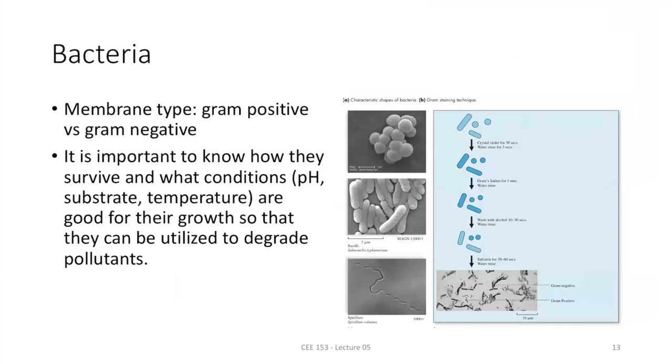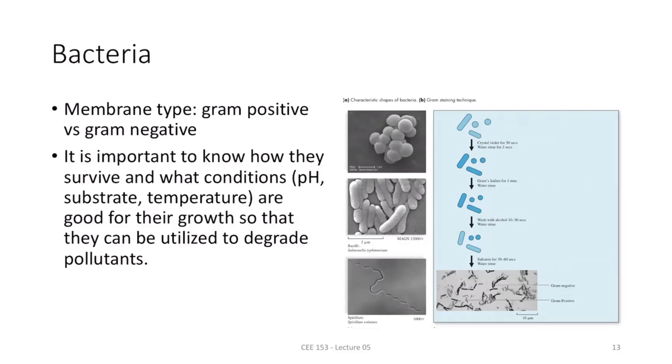Okay. So for bacteria, I just wrote a couple of things here. What's important about bacteria for us as environmental engineers? When you think of bacteria, you have to think of a couple of things. What kind of membrane it has, because that membrane will determine what kind of disinfectants you will use to kill them when you need to.